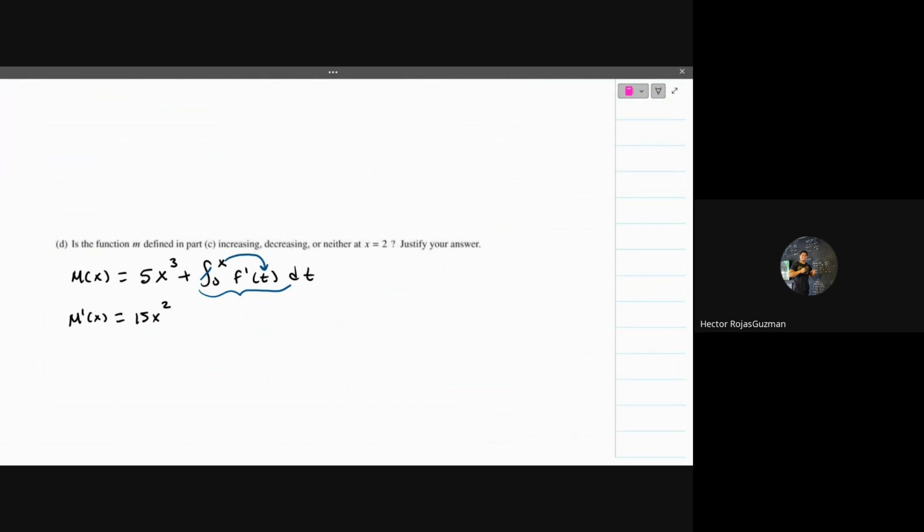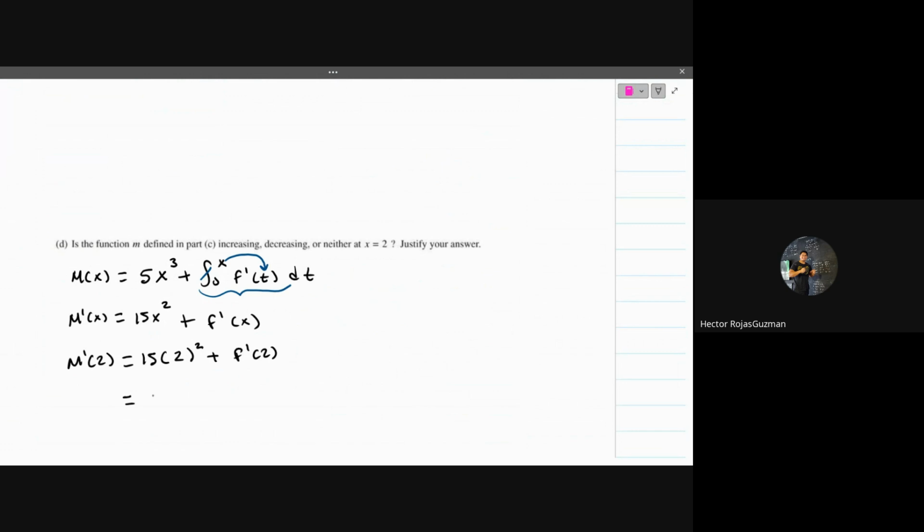So then we have f prime of x. Now plug in the 2, which is 15 times 2 to the power of 2 plus f prime of 2.